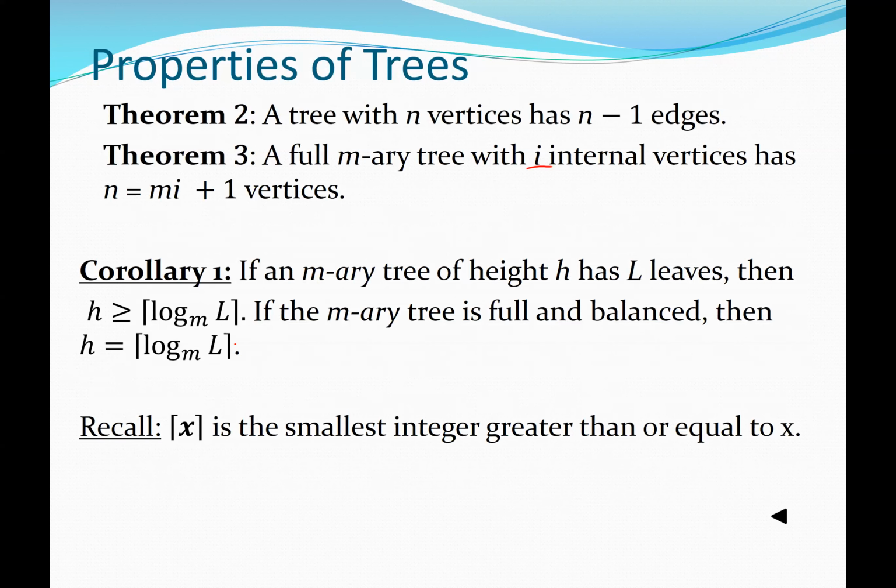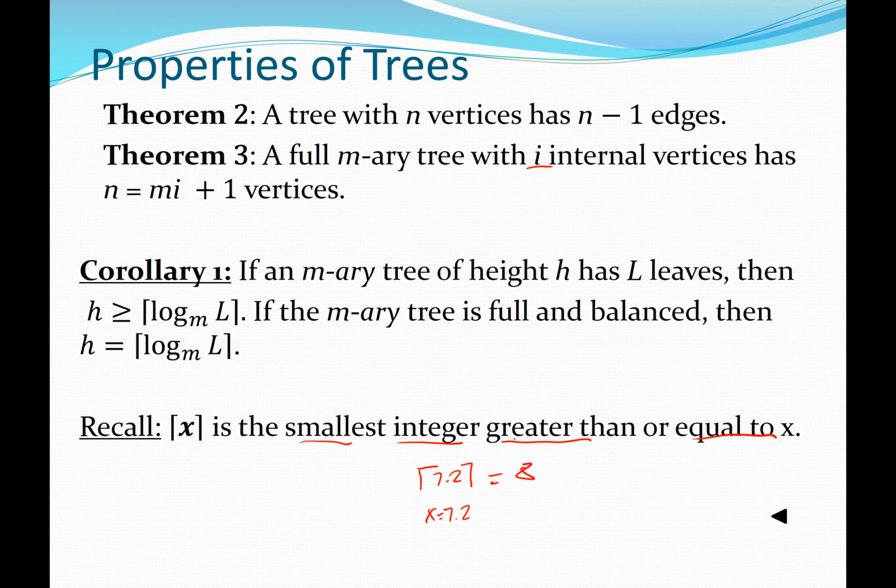For example, the ceiling of 7.2 is equal to 8, because 8 is the smallest integer that is greater than or equal to x. In this case, x equals 7.2, so the ceiling of 7.2 is 8.